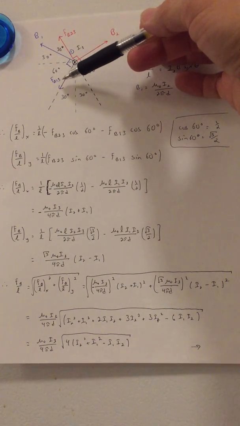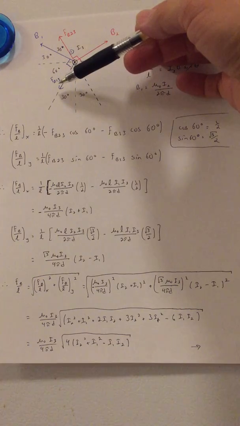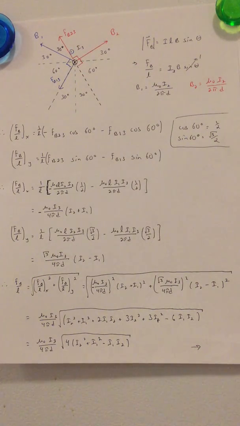So I've subscripted this F sub B13, which is F sub B, the magnetic force. 1,3 is going to mean the magnetic force acting from 1 on to 3. Sometimes people will subscript this the other way, acting on 3 from 1. This is my convention that I'm following here. From 1 on 3. So this is I3 receiving this force.